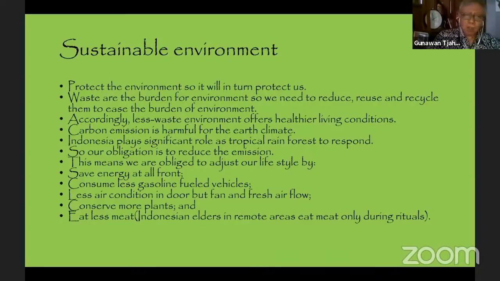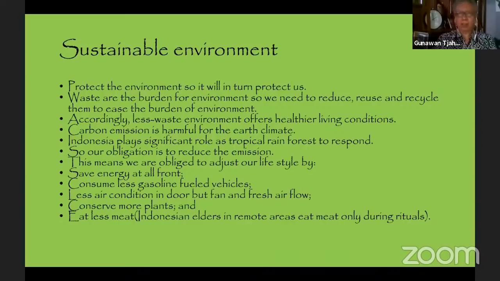This means we are obliged to adjust our lifestyle by saving energy at all fronts, consuming less gasoline fuel vehicles, less air conditioned indoor, but fan and fresh airflow indoor. Then we need to conserve more plants and last but not least, eat less meat.